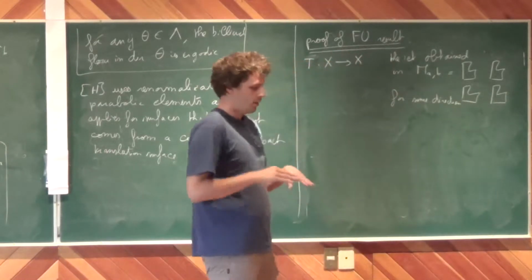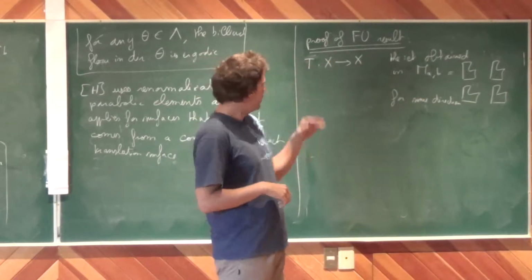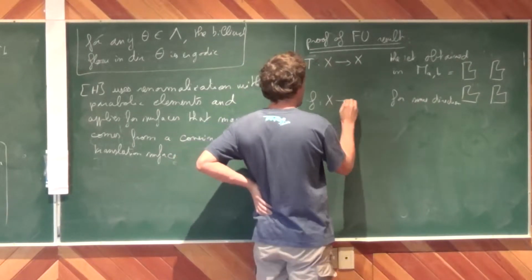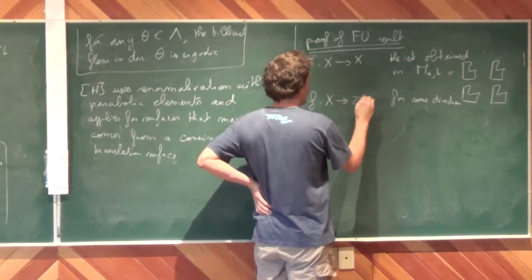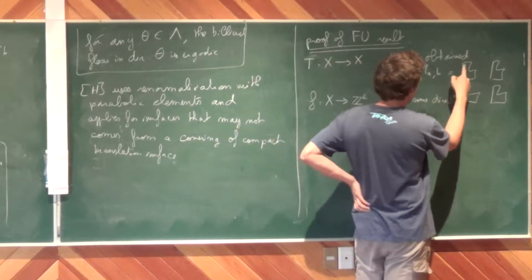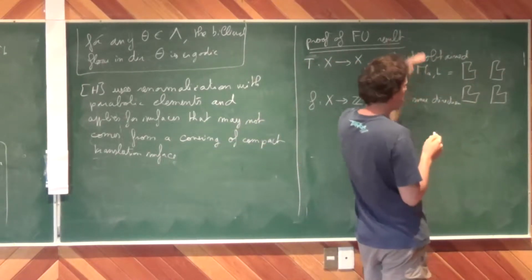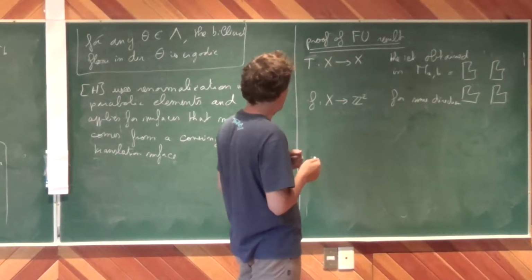And recall that the dynamics of this infinite surface is given by a function from X to Z², which tells you, depending on which interval you are in, either you stay in the same fundamental domain or you go up, right, left, or bottom.